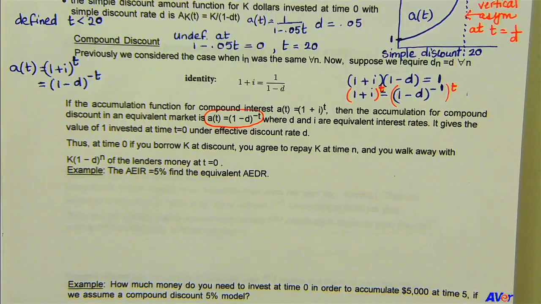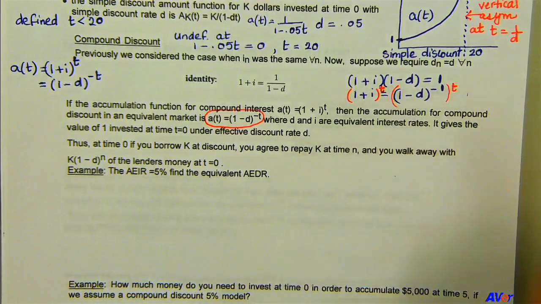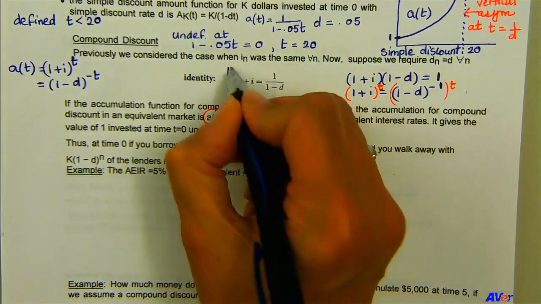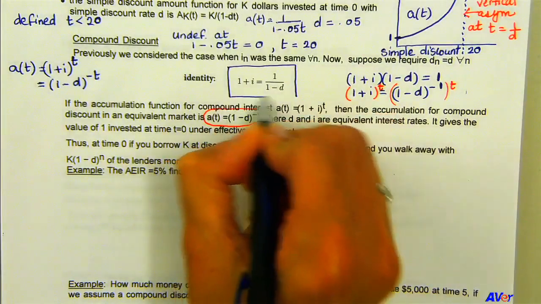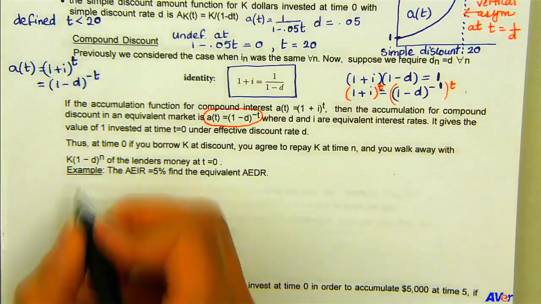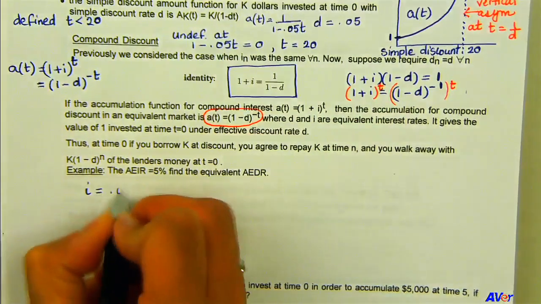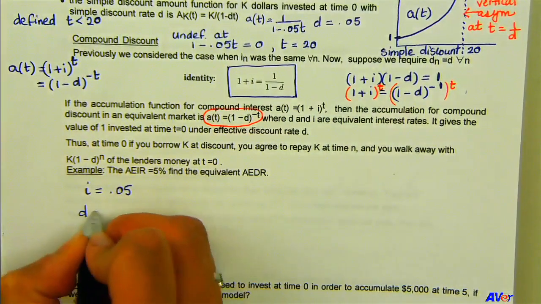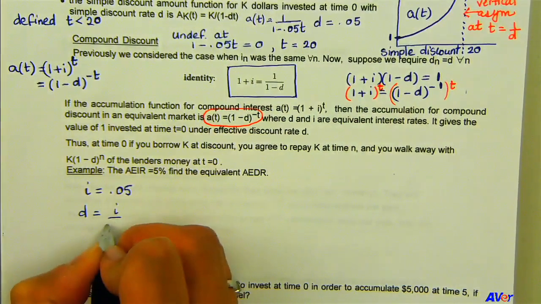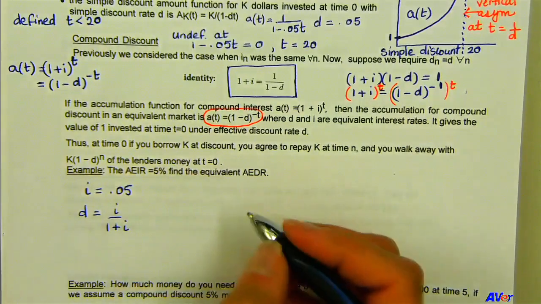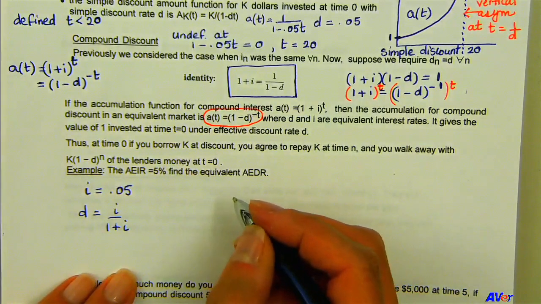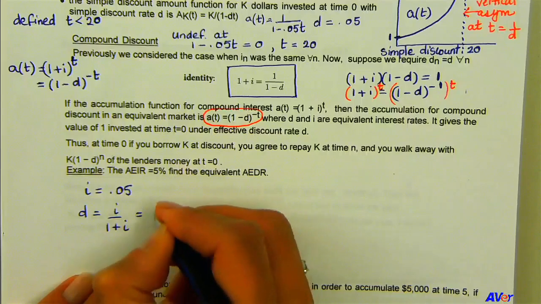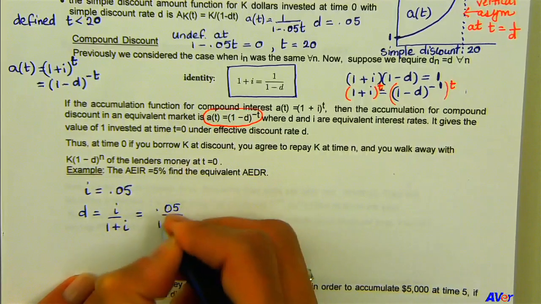We know how to do this already, don't we? We have this relationship right here. So let's use it. So i equals 0.05, d is equal to i over 1 plus i. We solved for this before. So d equals i over 1 plus i, just plug in 0.05 over 1.05.